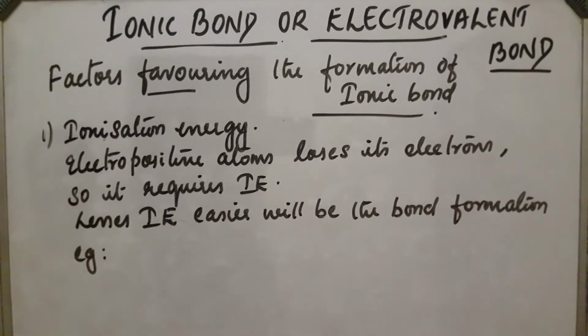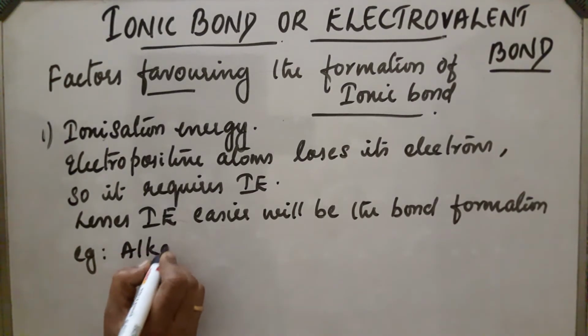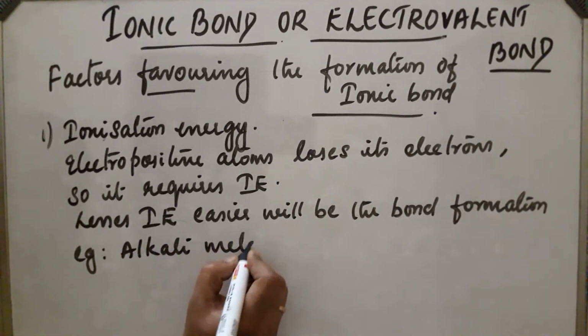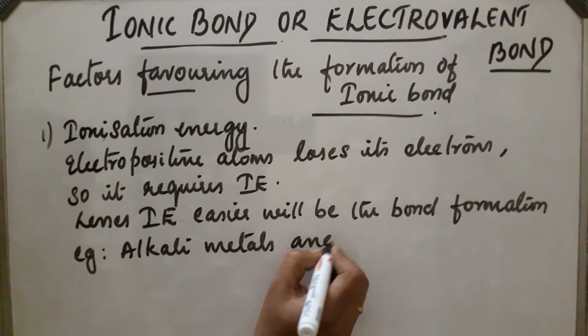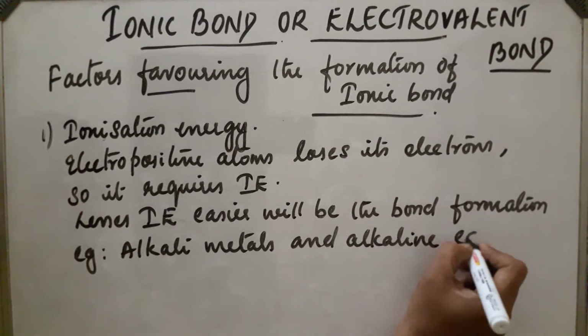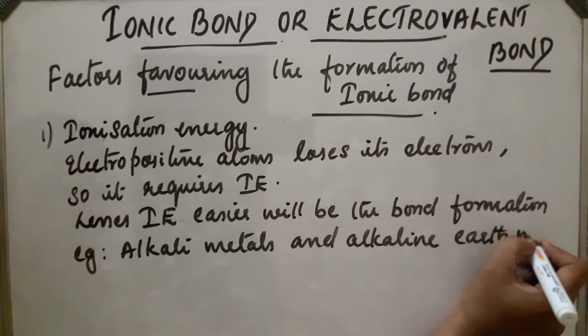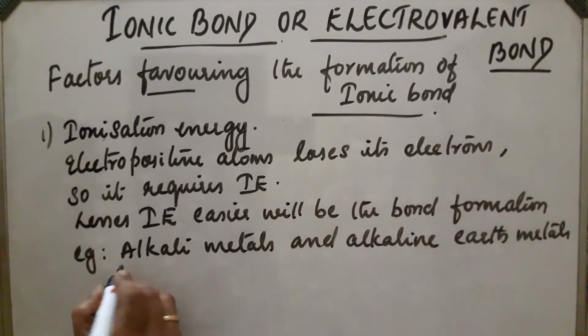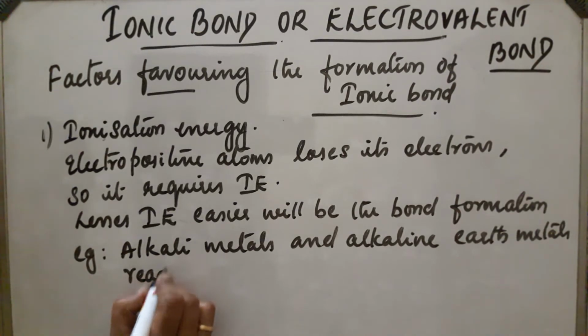Okay, so they require less ionization energy to liberate the electron from the outermost shell. So they can readily form ionic compounds. So alkali metals and alkaline earth metals readily form ionic bonds.